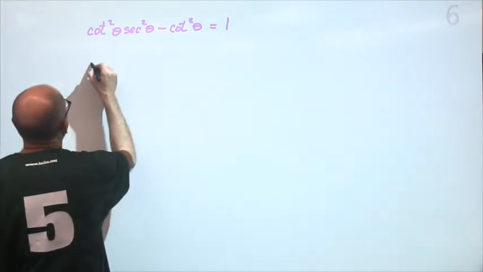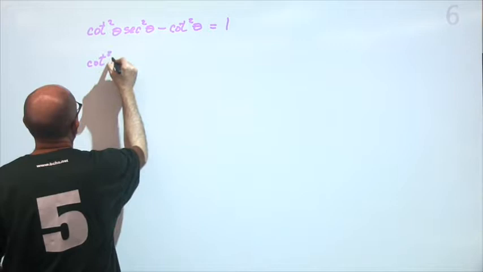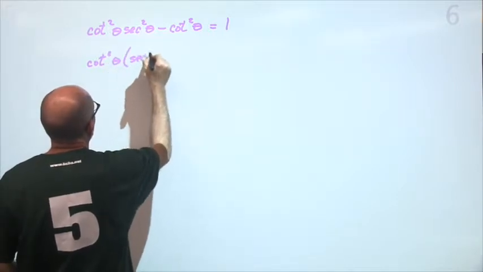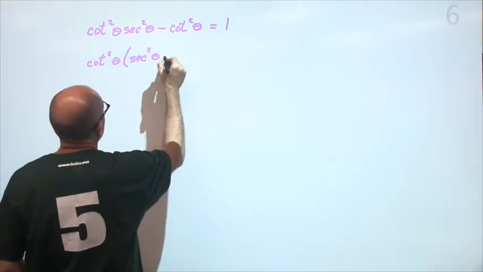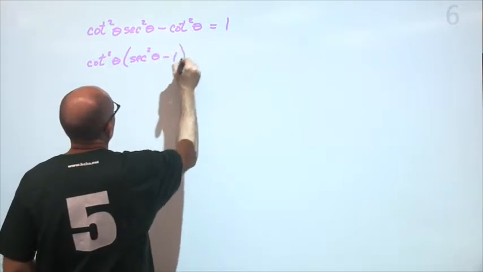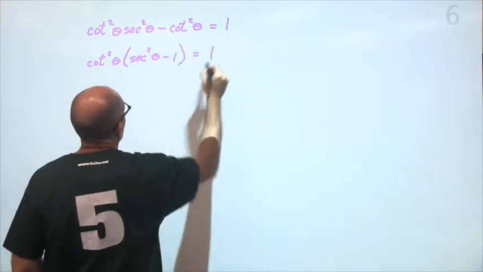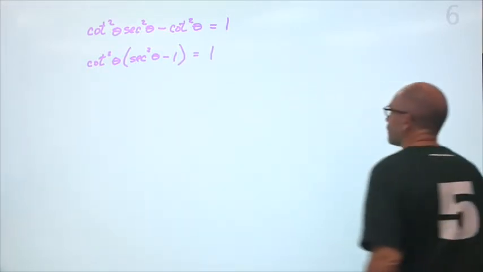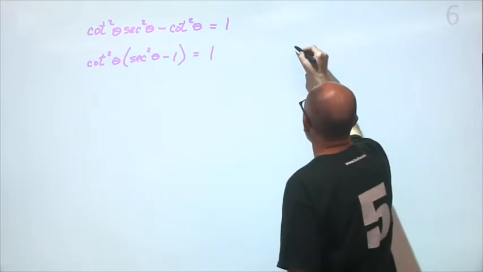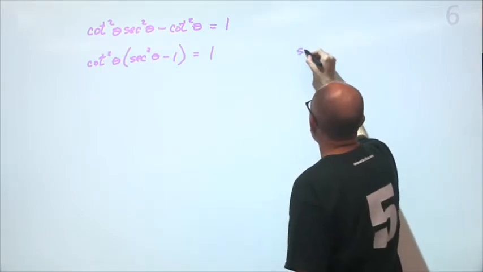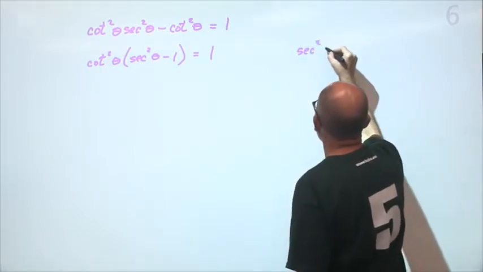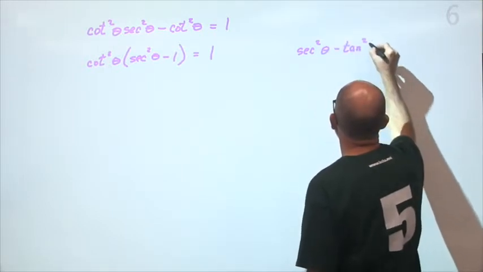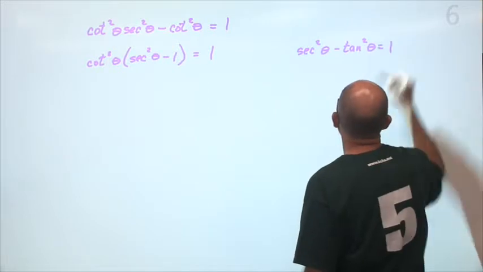So we have cotangent squared times the quantity secant squared minus 1. Now, remember, secant squared minus tangent squared equals 1.